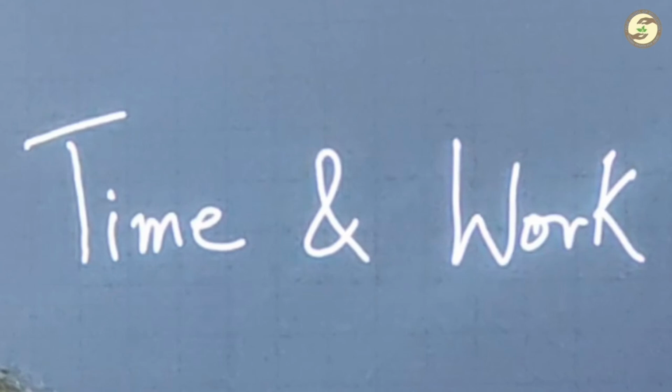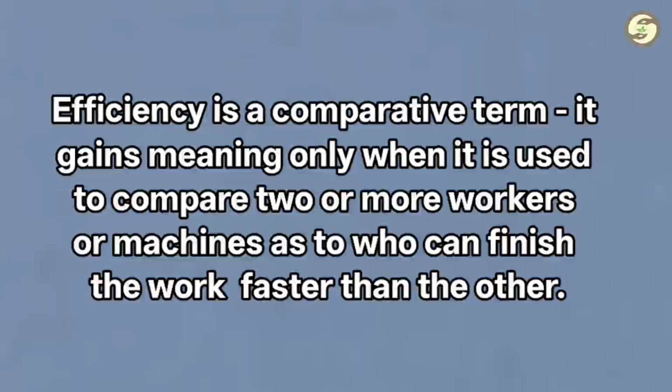An important note. Here in the first part, we have used the terms efficiency and rate of work almost synonymously, although there is a subtle difference between the two concepts. So what is the difference? Efficiency is a comparative term.